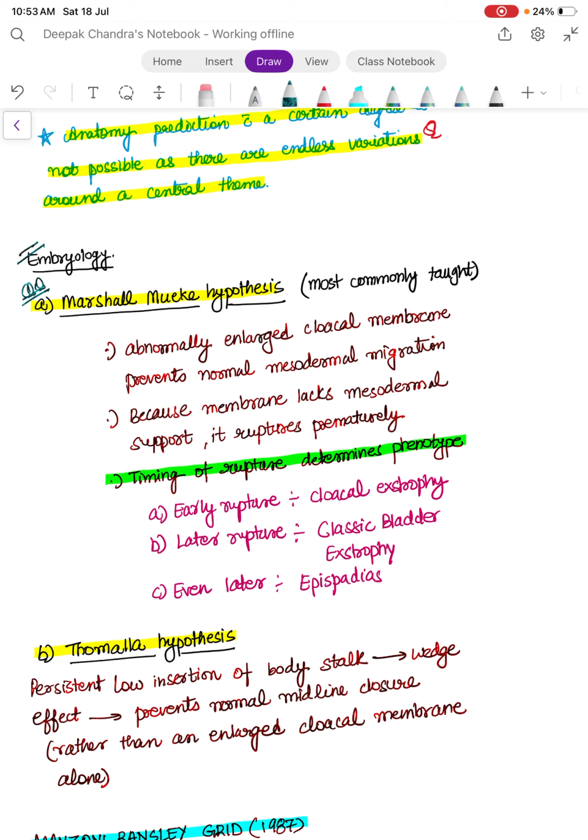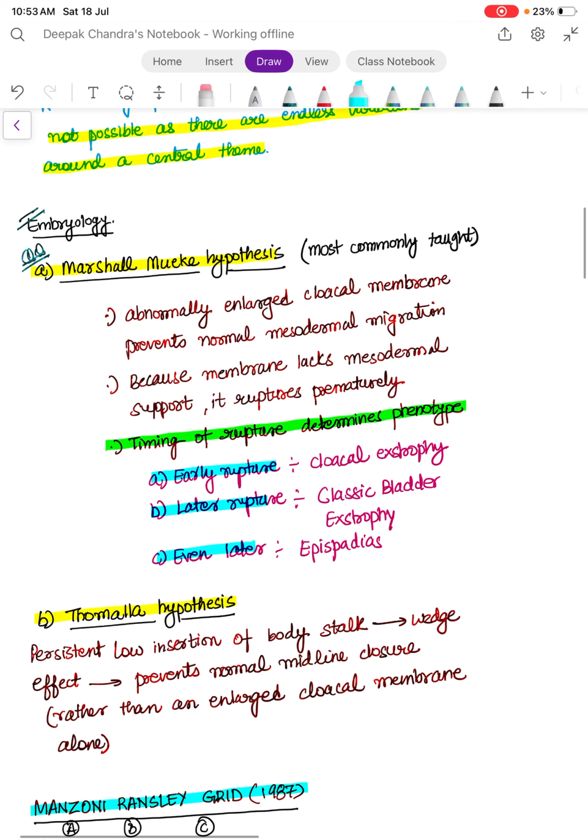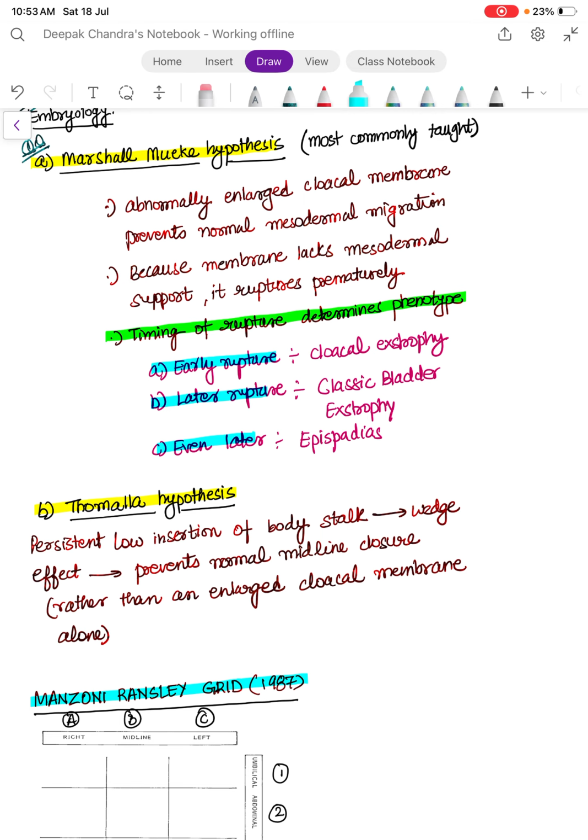The timing of rupture will determine what anomaly we are going to have. If it is an early rupture, it will lead to cloacal exstrophy. If it is a later rupture, it will lead to CBE, that is classical bladder exstrophy. And if this happens even later, then epispadias will occur.